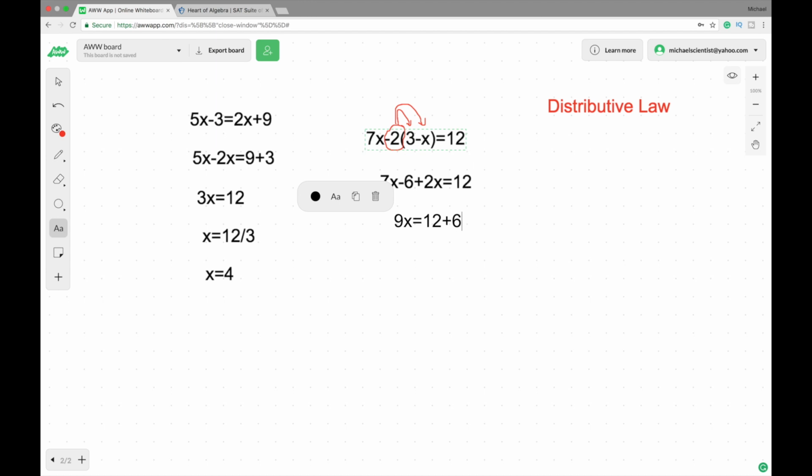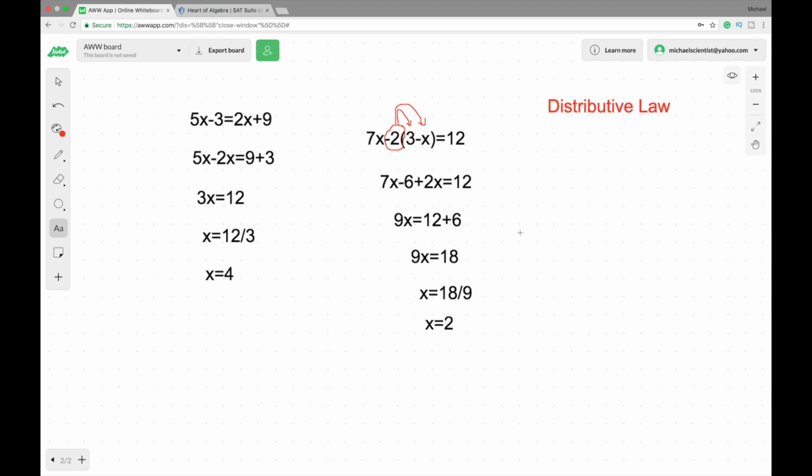So now we have 9x is equal to 18. And well, we know what number multiplied by x will give me 18? 2. So x is equal to 18 divided by 9. x is equal to 2.